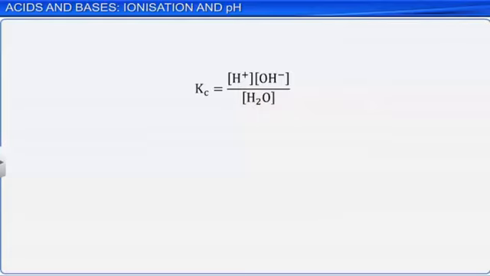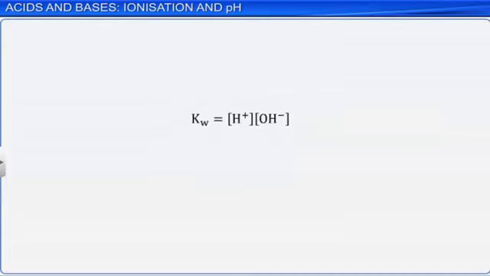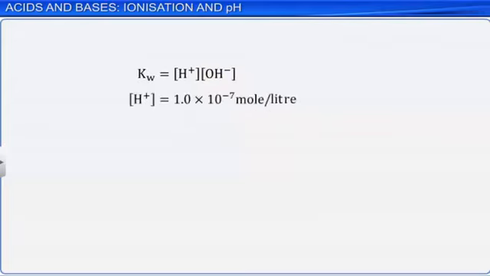Thus, the concentration of H2O can be incorporated in the value of Kc to give a new constant, Kw, called the ionic product of water. The ionic product of water, Kw, at a given temperature, is defined as the product of the concentrations of the H+ and OH- ions in water or in aqueous solutions.